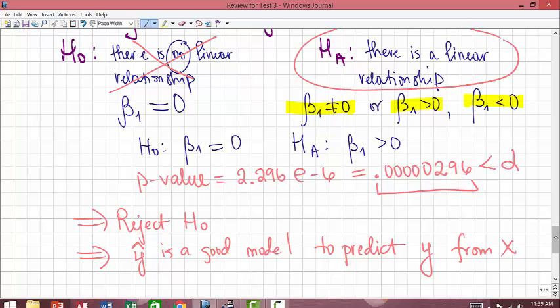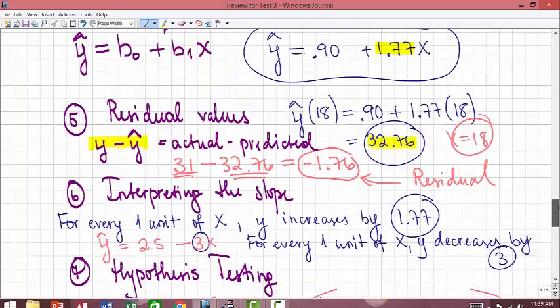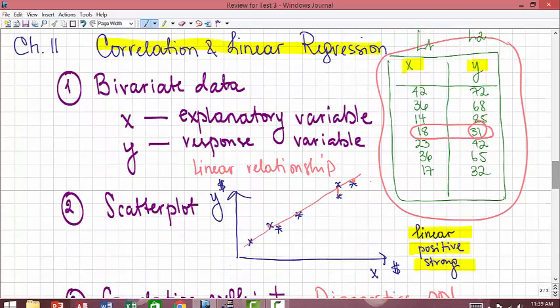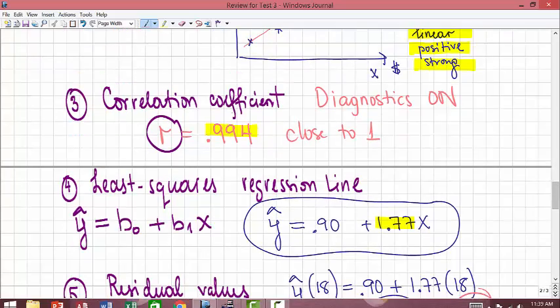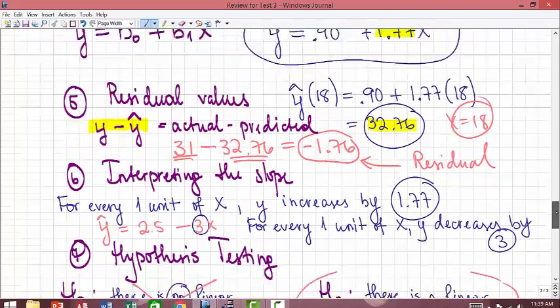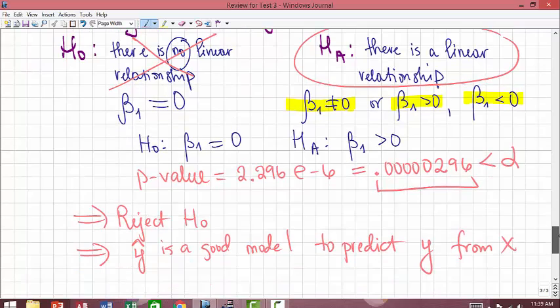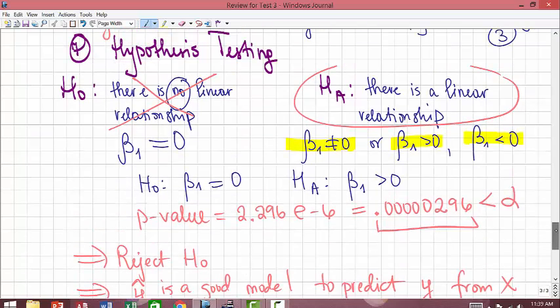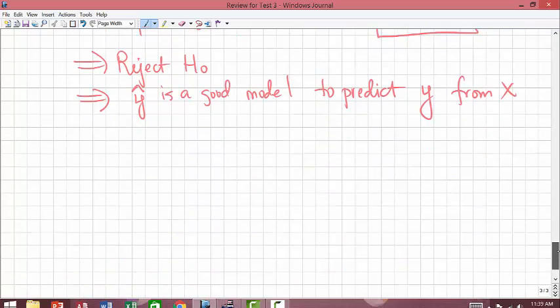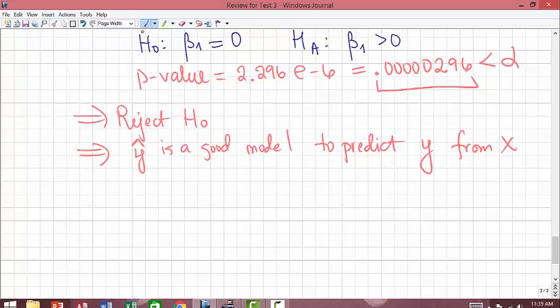So now combining all of the steps, let's see, scatter plot looks good, looks linear, R is really high, and then hypothesis testing, which is the most reliable way to figure out if a linear model is appropriate. There is a linear relationship here, and there is a positive linear relationship. We can conclude that yes, this equation y hat is equal to what?